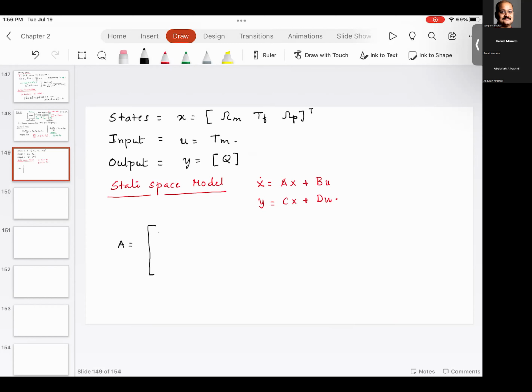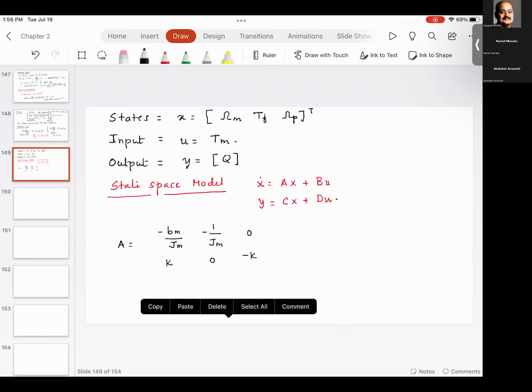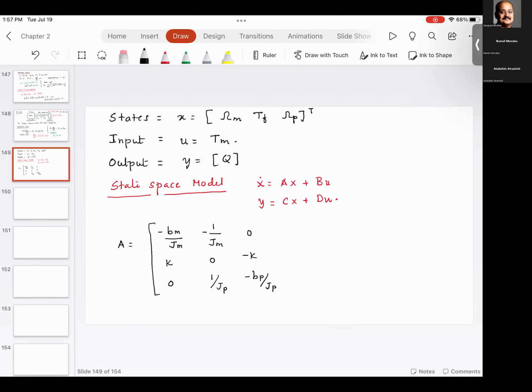A is going to be minus Bm over Jm, minus 1 divided by Jm, 0, K, 0, minus K, 0, 1, 0, 0.